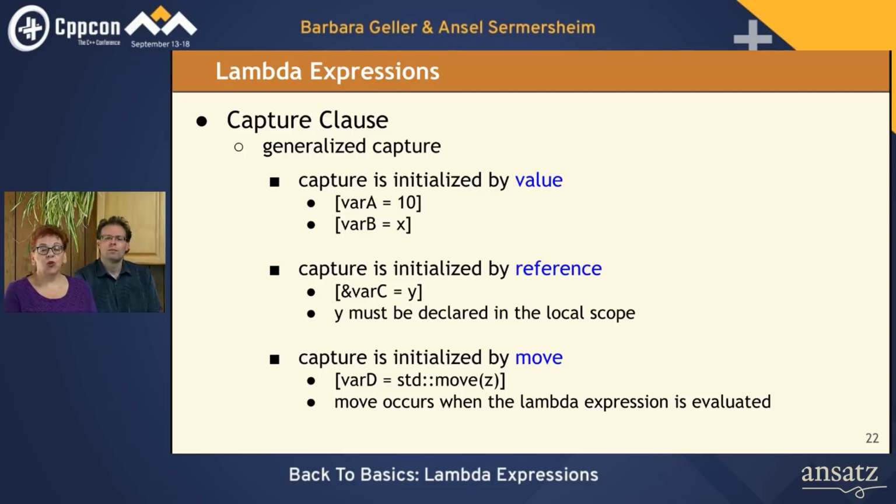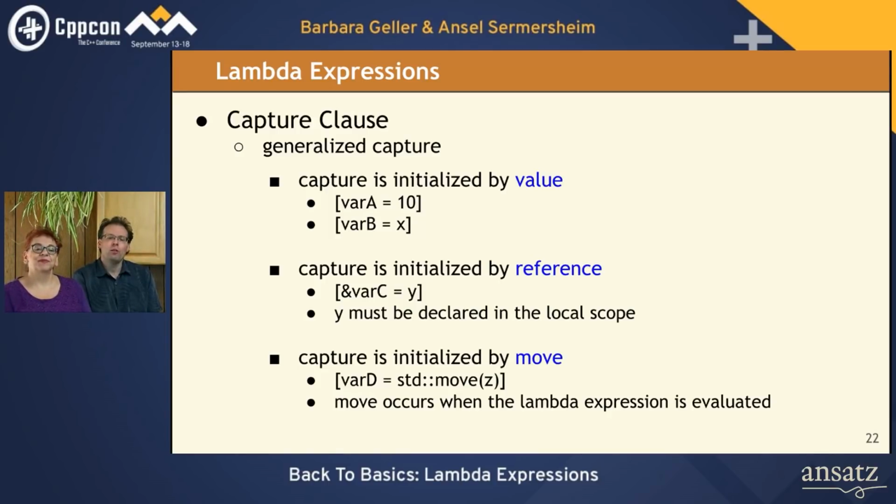In example 2, we are capturing the value of x and assigning it to var b. And as we've stated, since x is in the local scope, when we capture that and assign it to var b, x can actually go out of scope because we now have captured the value and saved it in var b. The last example we're showing here has a move capture into var d.